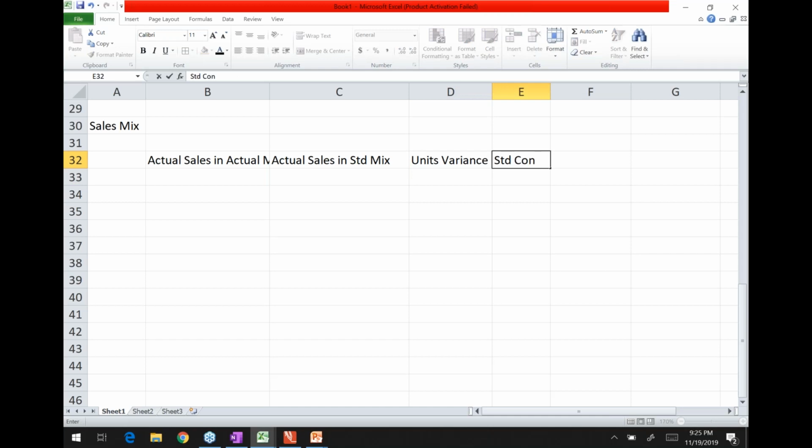In this question, standard contribution per unit. So the answer that we will be getting is a contribution variance.